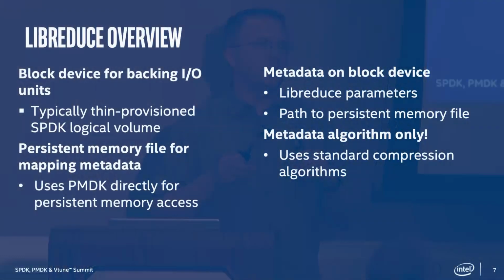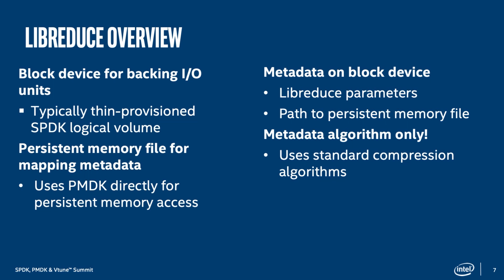Okay, so I'm going to start out with an overview of what we're calling libreduce. As Paul talked about, this is the main engine that's driving this block compression scheme. To create one of these libreduce block devices, there's a few parts to it. The first one is you need some sort of block device for storing the backing I/O units, basically the compressed blocks.